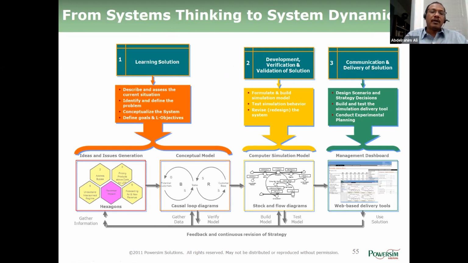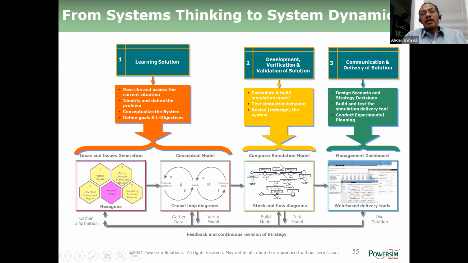You gather information, and based on this idea generation, you can design the conceptual model. In the conceptual model, you verify it again with the stakeholders, and then you collect the data to support the conceptual model. Based on the conceptual model, you can build the computer simulation model.